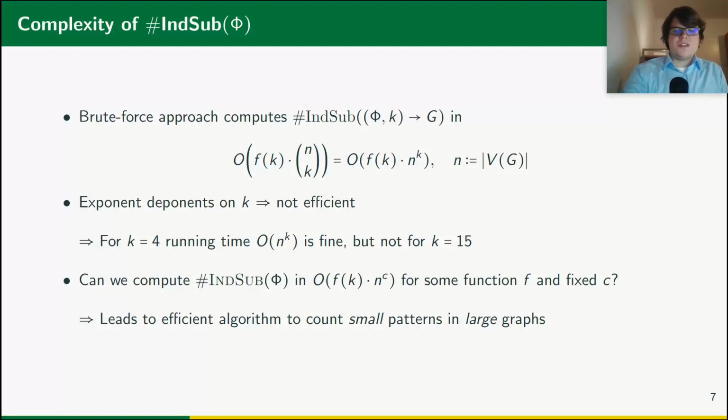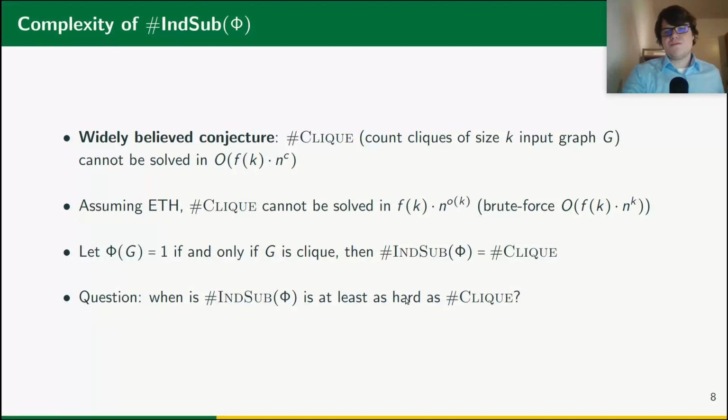So our question is now basically, can we achieve such a running time that has this form here? Is this even possible? There are famous problems where it's widely believed that this running time is not possible. Consider, for example, the clique problem that gets as input a graph G and a number k, and is simply asked to count the number of cliques that appear in such a graph.